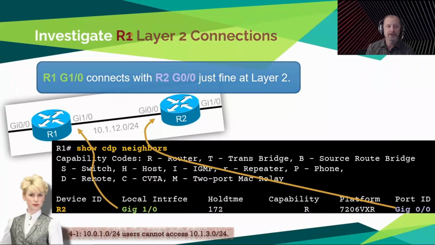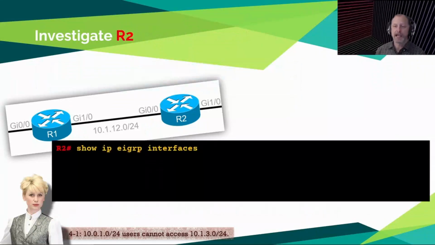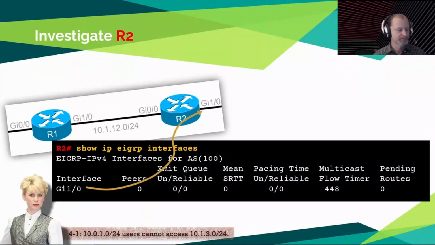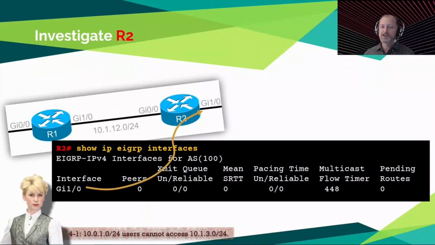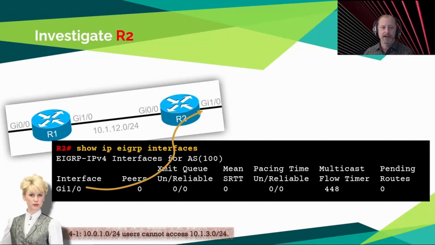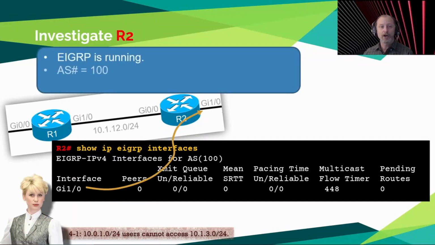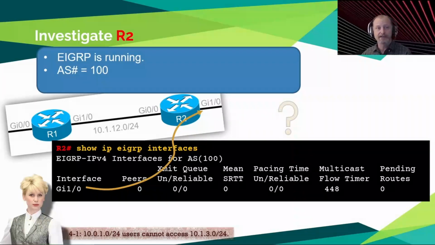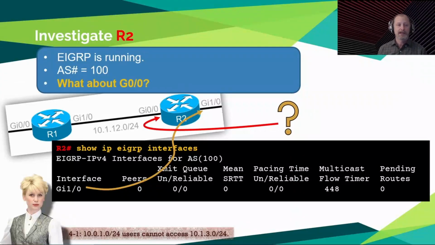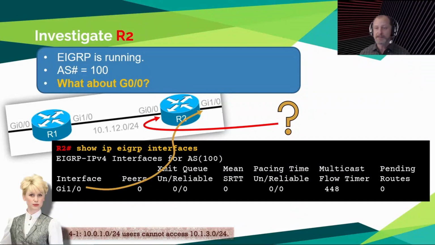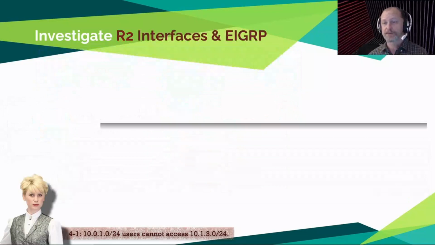Okay, let's move over to R2. Let's do a show IP EIGRP interfaces. Well, Gig 1/0 seems to be working. Okay. We can also see AS 100. That's correct. But Gig 0/0 seems to be missing. Let's do a show IP interface brief.